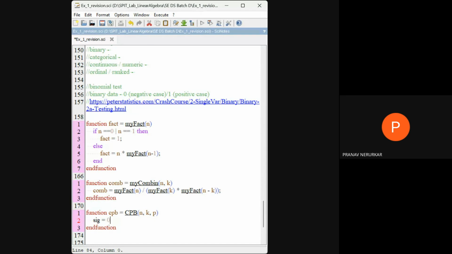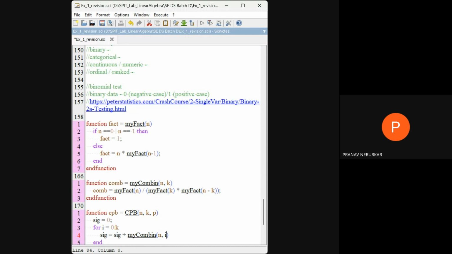We keep a variable, then for I from 0 to k, we store the cumulative sum in the variable SIG.